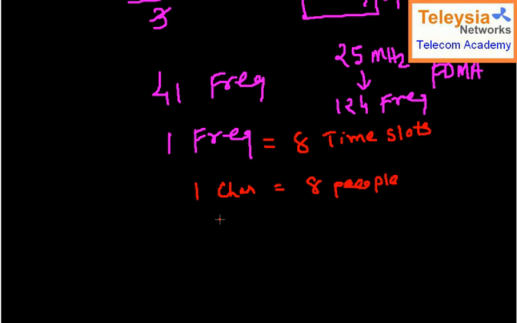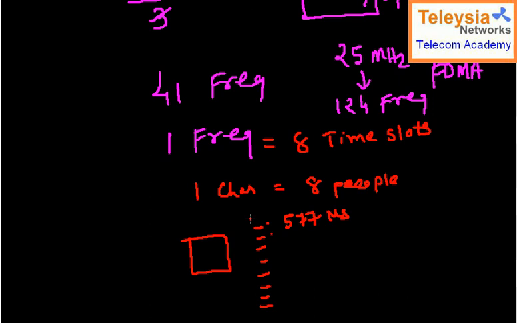I can do it. I tell them, this is one chair and there are 8 people, and I tell each person to occupy this chair only for 577 microseconds, and after that they have to stand up and release this chair for somebody else.